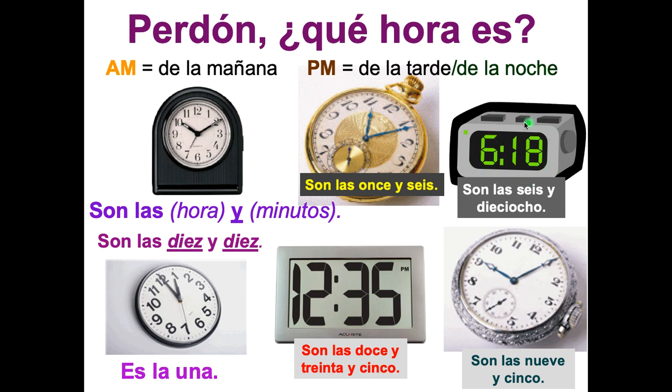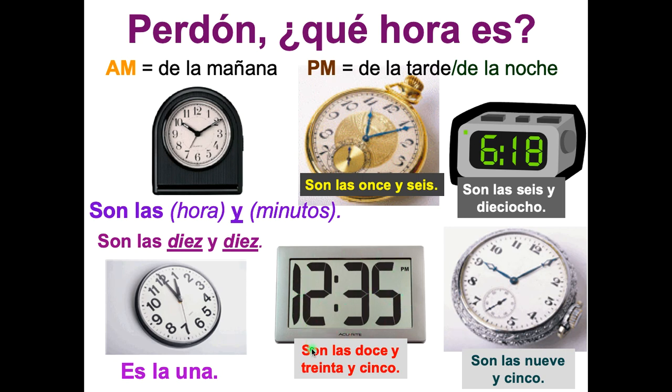So let's say that this one was 6:18 a.m. because that's what time you get up. Well, in Español, we don't say a.m. We say son las 6:18 de la mañana. Okay? And then let's say this is 12:35 p.m., which would be like right after lunch.